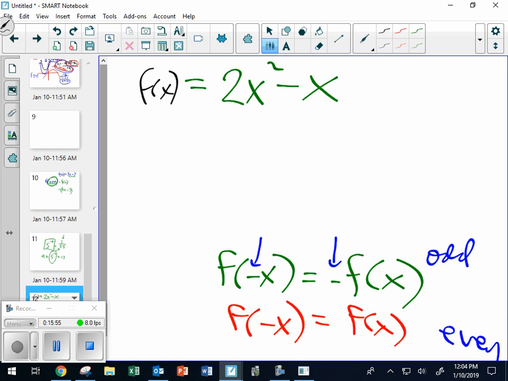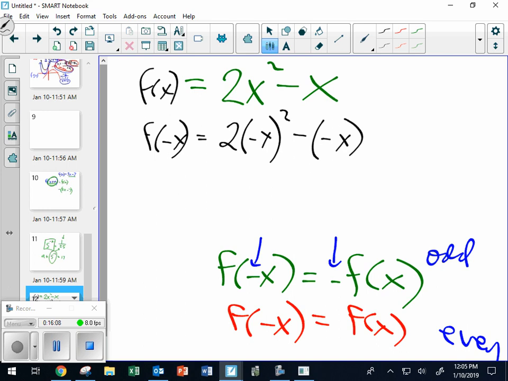And if I want to find f of negative x, f of negative x is saying, go through and put in a negative x wherever there was an x. There, I just put in negative x everywhere. And then I simplify it down a little bit. Would you agree that negative x quantity squared is the same as x squared? And minus minus x means plus x.